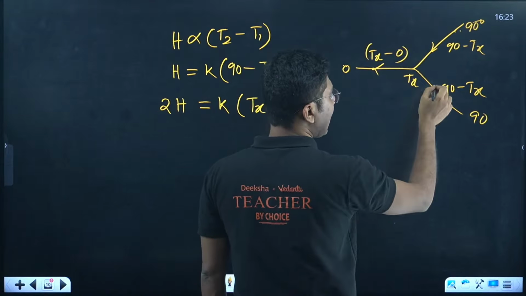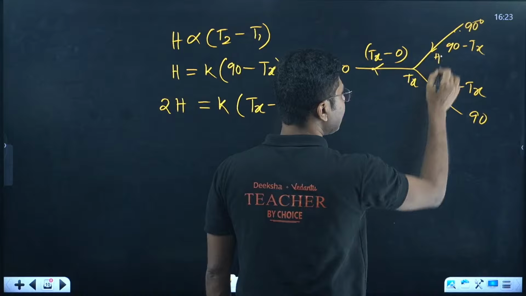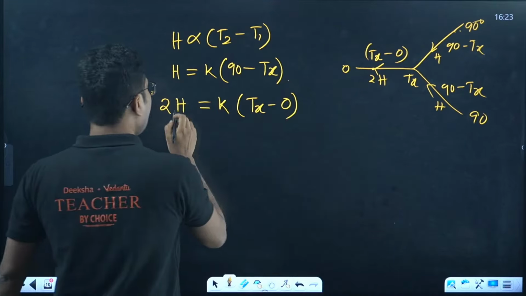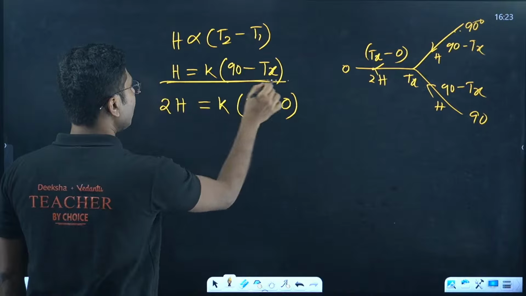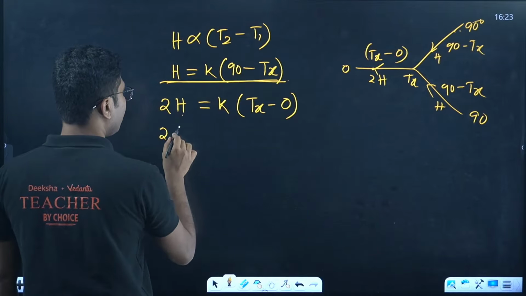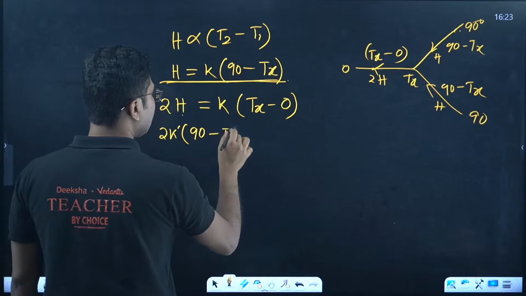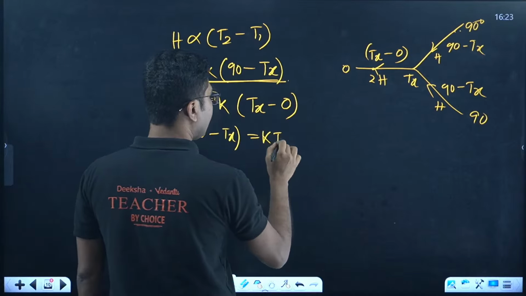Now, as we have calculated, if this heat is H and this heat is H, then this one must be 2H. So we have used it. Now we will use this H value over here. So 2 into K into (90 minus Tx) equals K into Tx.